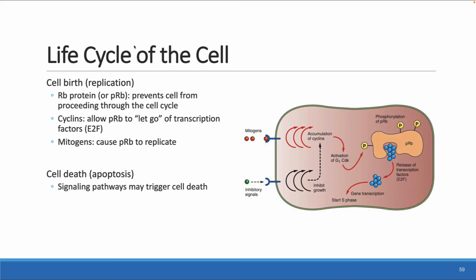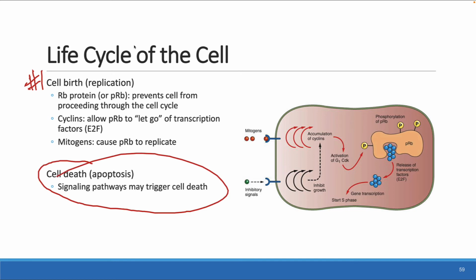So the life cycle of the cell has two major parts to it, right? Number one is the cell birth or replication, and number two is the signaling of cell death or apoptosis.